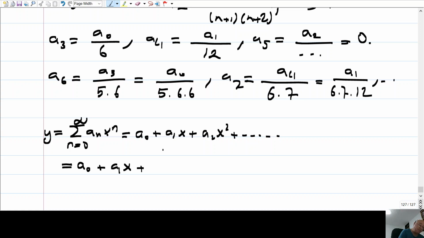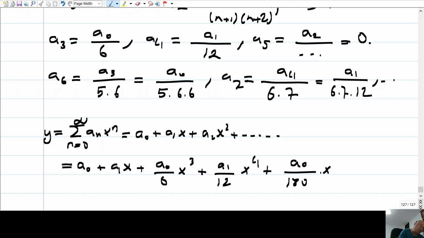And then I have a3, which is a0 over 6 x cubed, and then a4, so a1 over 12 x to the 4. A5 is 0, so no x to the power 5. A6 is just a0 over 180 x to the power 6, right?